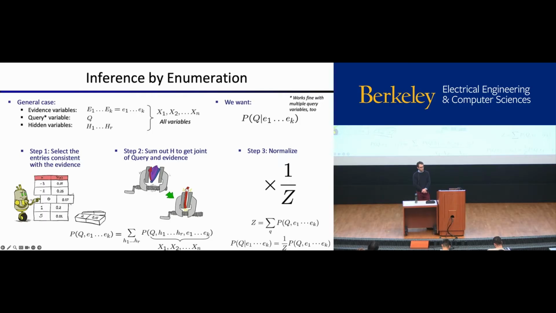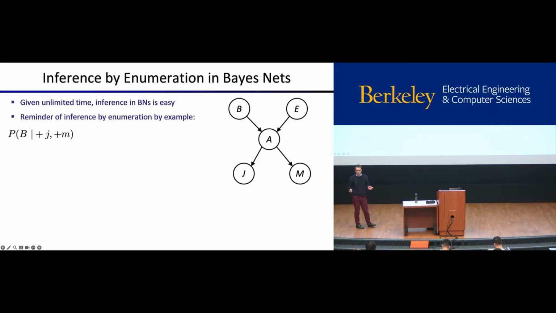The basic idea is we take our big joint distribution and we do this process, and then we can get our answer. But of course, we have Bayes nets now, so we don't need to worry about our big joint distribution. We can use our Bayes net structure to encode the joint distribution as this product of conditional probability tables. And this can potentially help us simplify the computations a little bit.